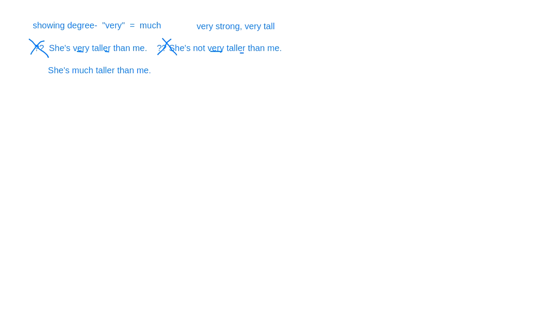Good. What about the second one with the not? She's not much taller than me. Yes, that's one way to do it. Is there another way? What about using a little bit? She's a little bit shorter than me.